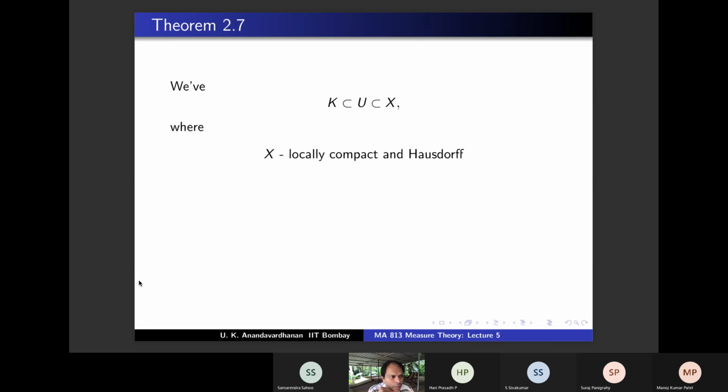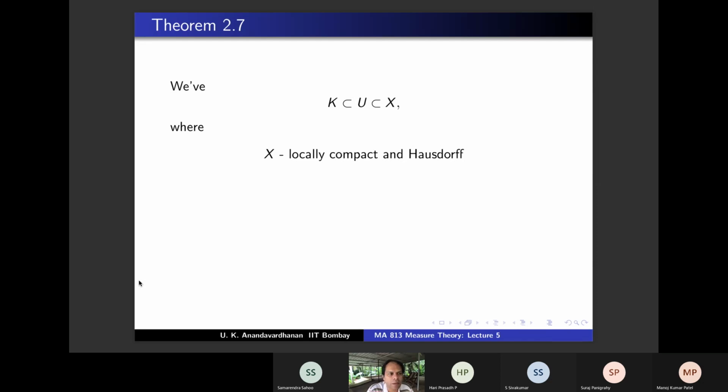Is it true that a compact set and a point can be separated? In a Hausdorff space, given a compact set and a point disjoint from that, can you separate them? Yes, I think you can, because of compactness. What will you do? First of all, this compact set can be contained in a finite union of open sets, right?